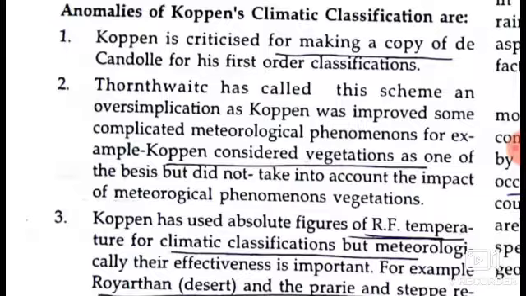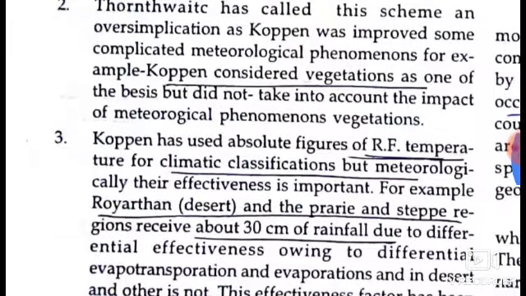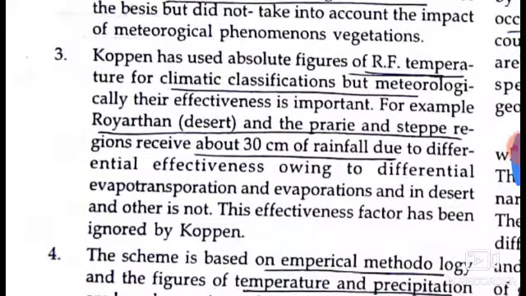For example, Köppen considered vegetation as one of the bases, but did not take into account the impact of meteorological phenomena on vegetation. Köppen has used absolute figures of rainfall and temperature for climatic classification, but meteorologically their effectiveness is important.